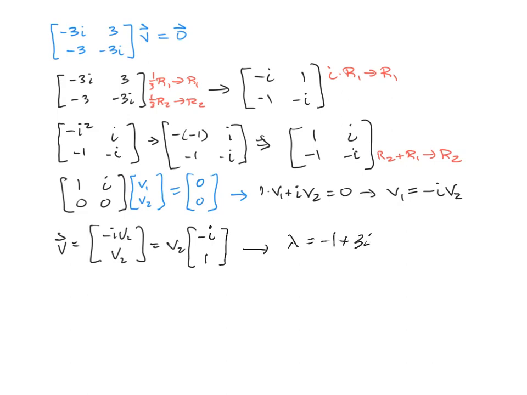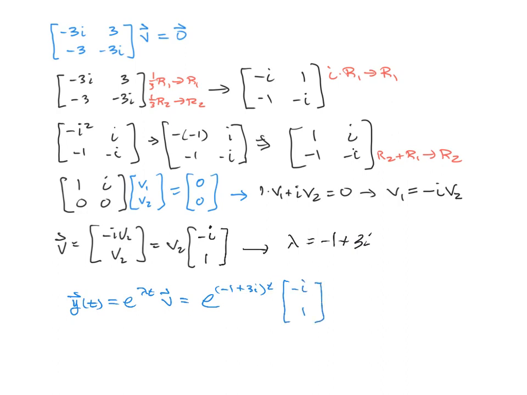So now that we found our eigenvector corresponding to our eigenvalue, we need to go through and find our solution. And remember, our solution was y of t was e to the lambda t times eigenvector v. So that's going to be e to the value negative 1 plus 3i times t times our eigenvector negative I and 1.